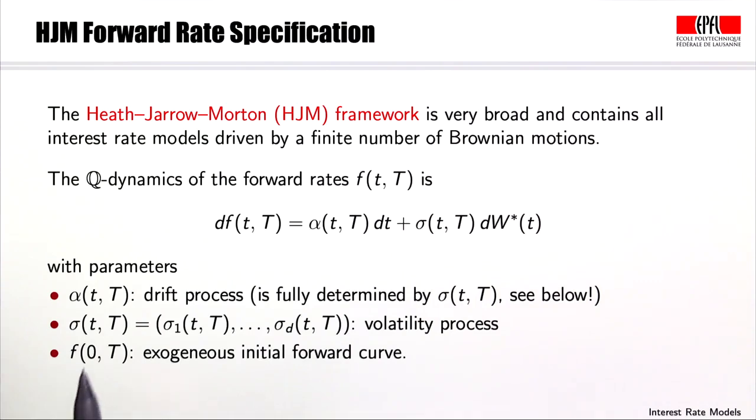We will see later on that the drift process alpha is going to be fully determined by sigma. That is going to be a consequence of the arbitrage pricing theorem.